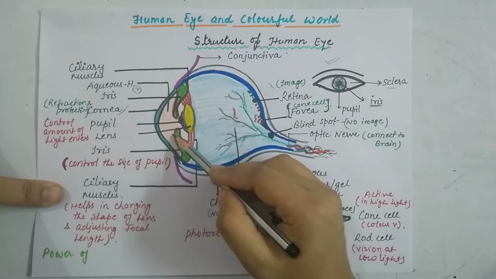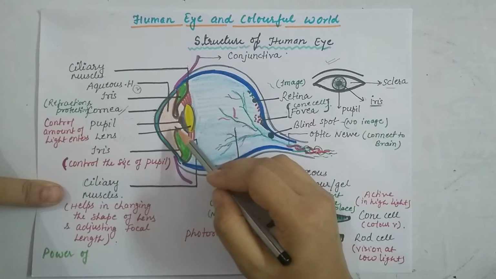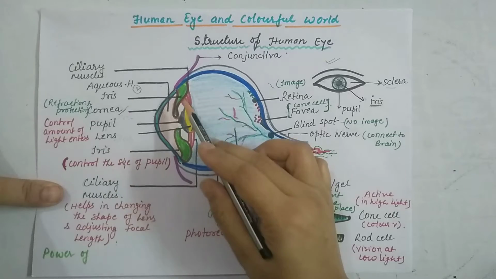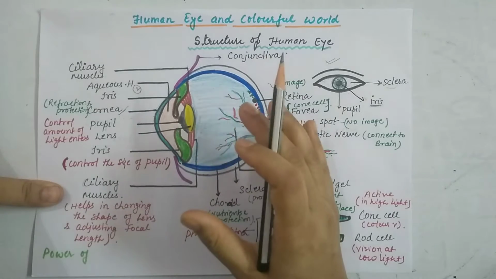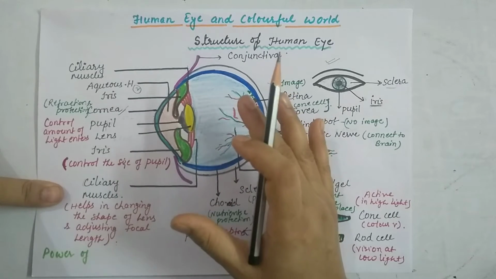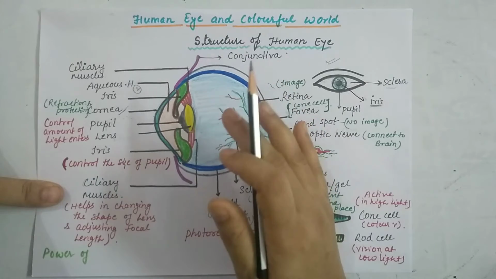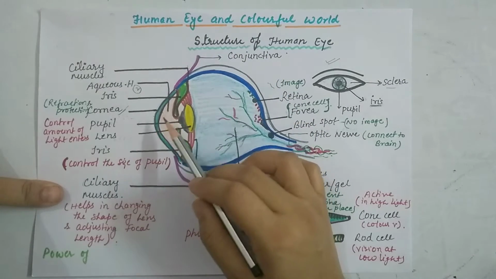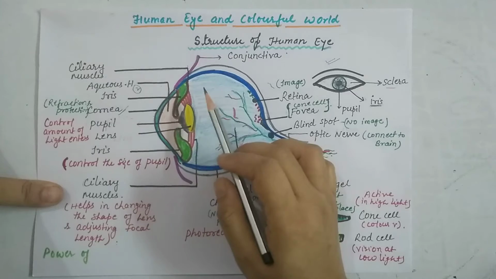It is a transparent gel-like structure, and it also helps in the protection of the eye. It also produces proper pressure so that all the parts of the eye can be placed in the proper place, and it provides nutrition and helps protect from infections.